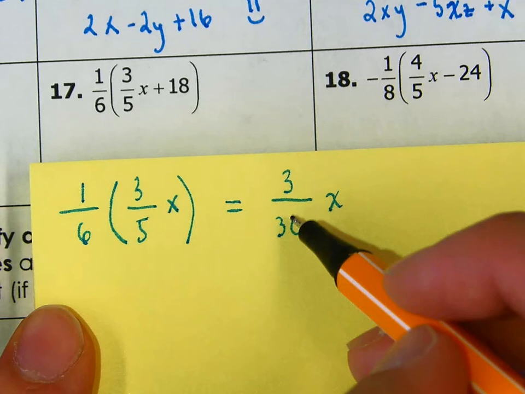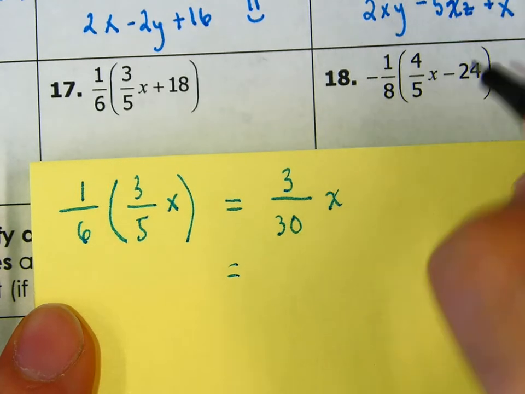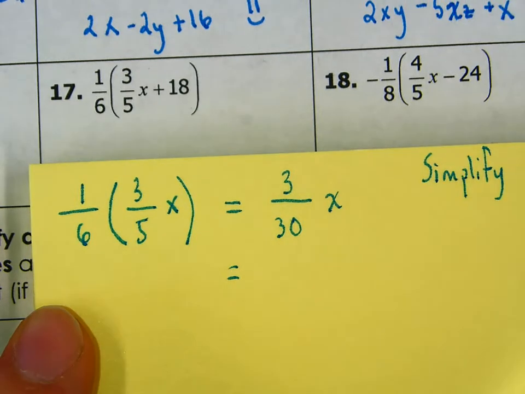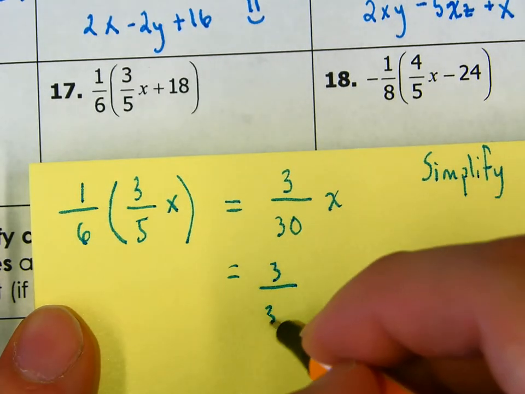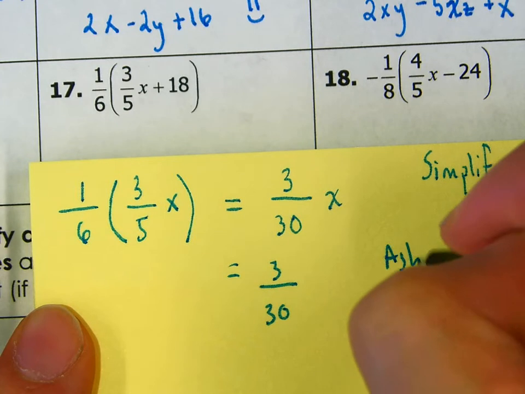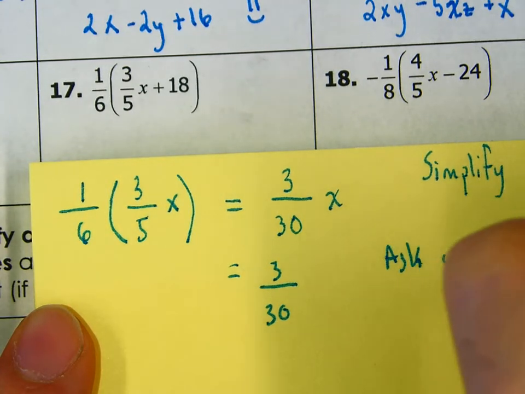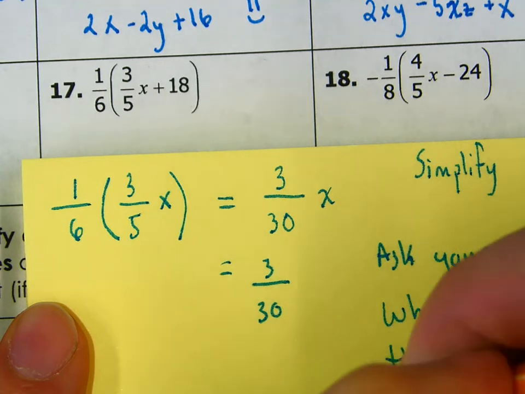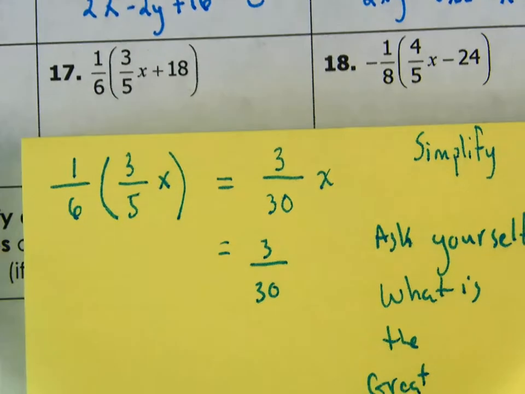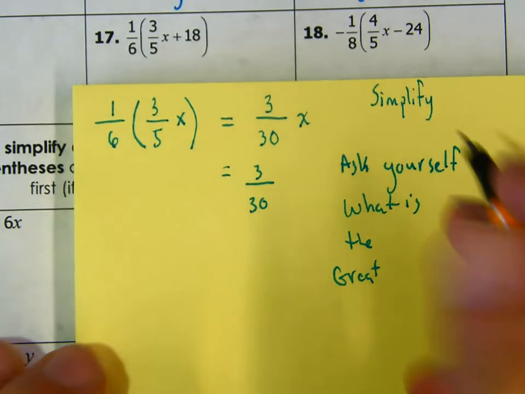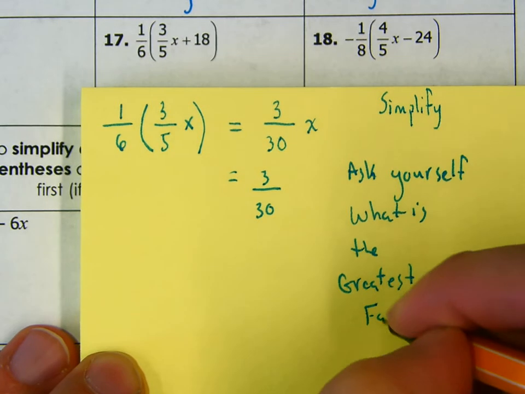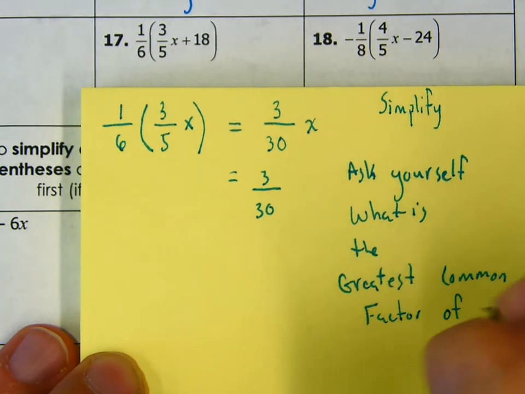Now, what we should do is simplify this. When you want to simplify a fraction, like let's say 3 over 30, ask yourself, what is the greatest, my bad, let me zoom out a little bit. What is the greatest common factor of 3 and 30?